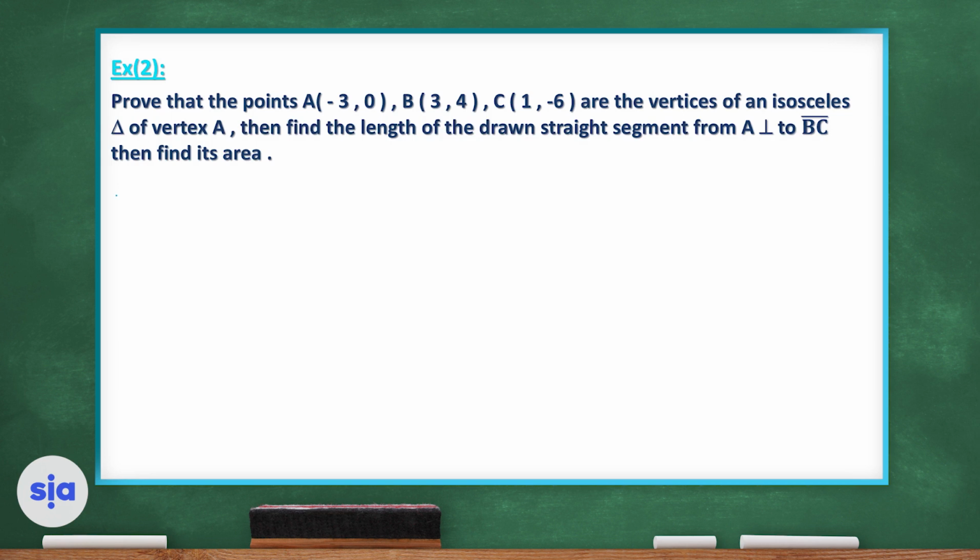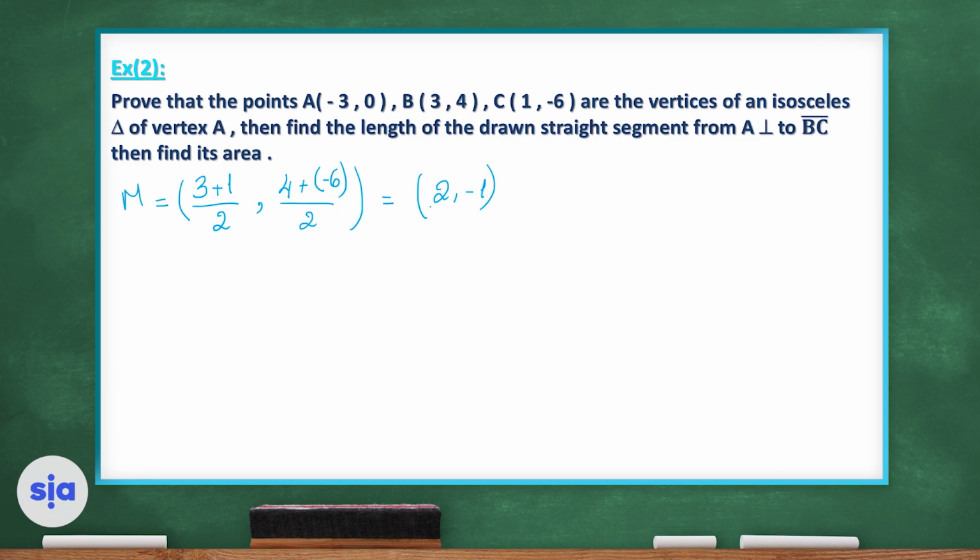Then let's find the midpoint of BC, that we're going to call point M. So point M, that is the midpoint of BC, is equal to 3 plus 1 over 2 and 4 plus -6 over 2. Again, I'm repeating that. M is the midpoint of BC. So the coordinates of point M are 2 and -1.